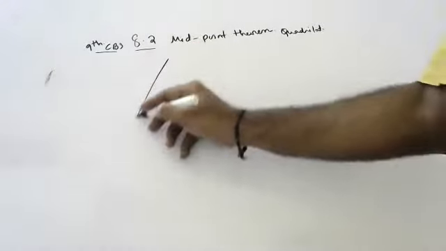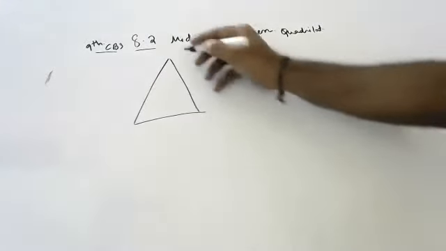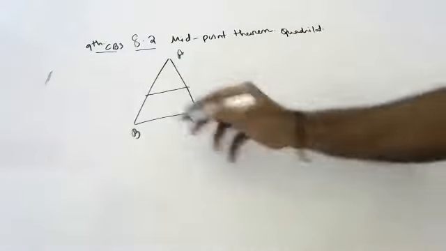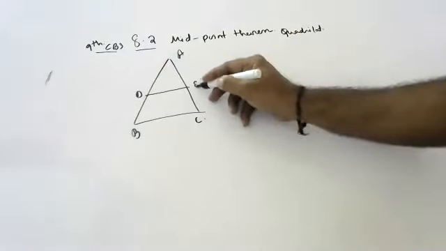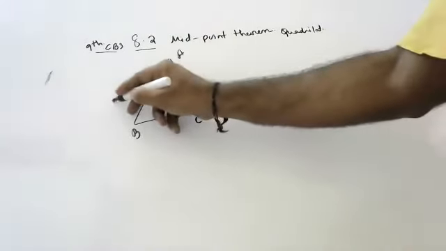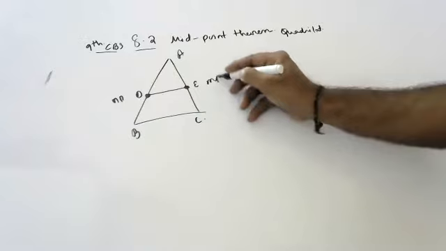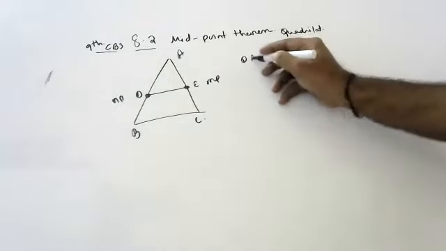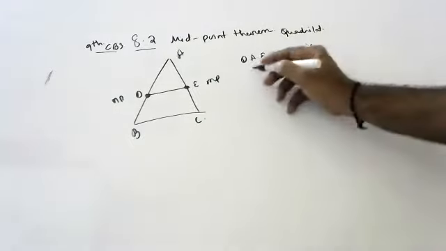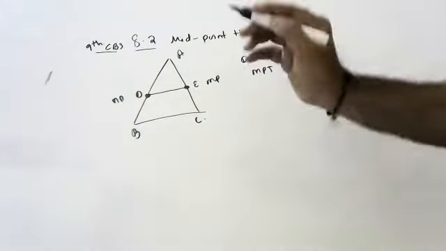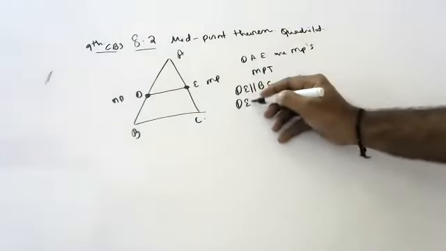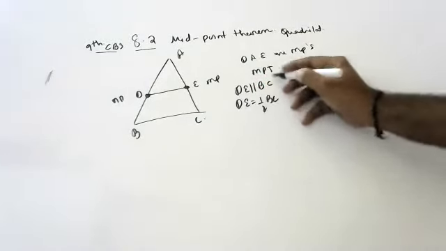Children, the midpoint theorem states that in a triangle, if a line is drawn touching the midpoints of two sides, suppose D and E are midpoints, then DE is parallel to BC and DE is half of BC.